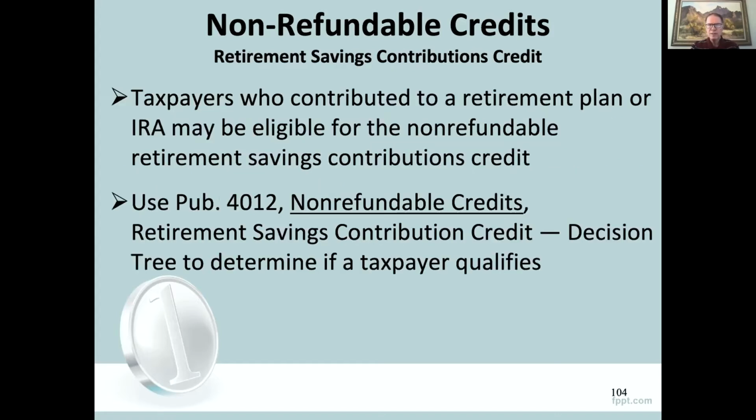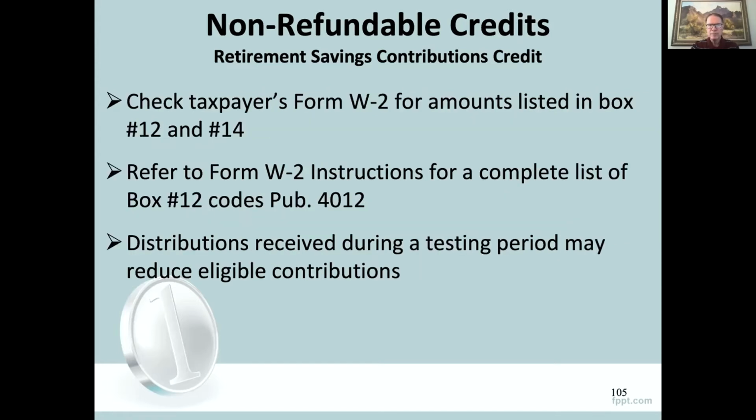The retirement savings contributions credit. The government's trying to get you to save for your retirement. And so they put in a little credit. It's non-refundable. It could lower your tax to zero if you had tax liability. But you have to have set aside money from your wages into a retirement account.